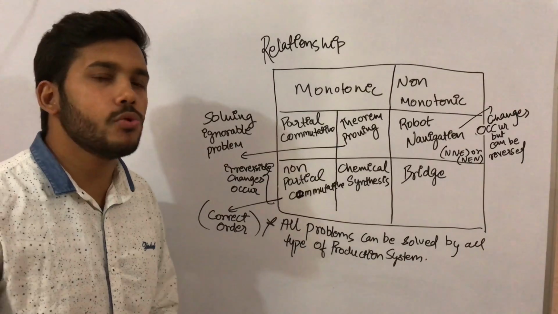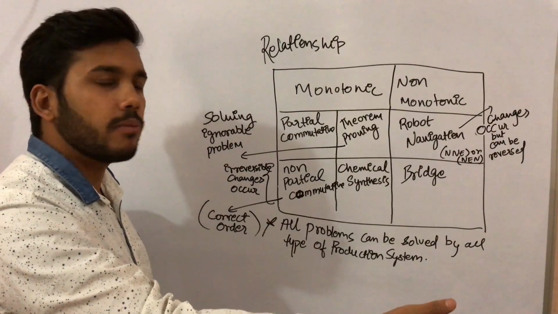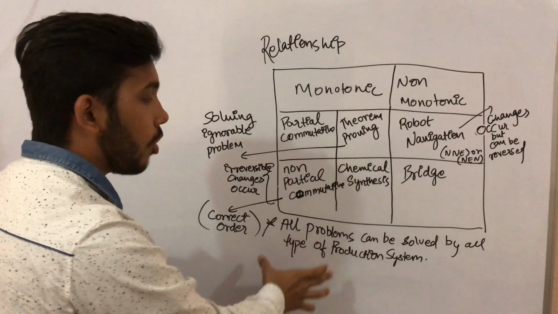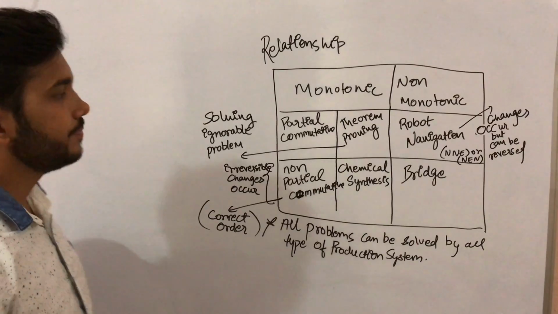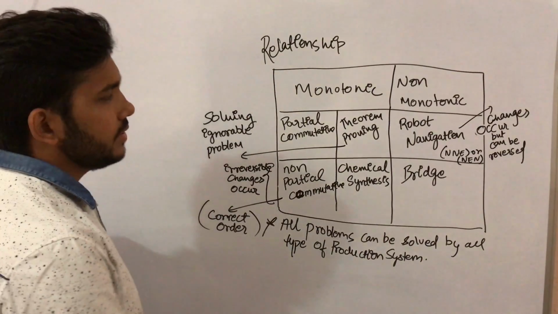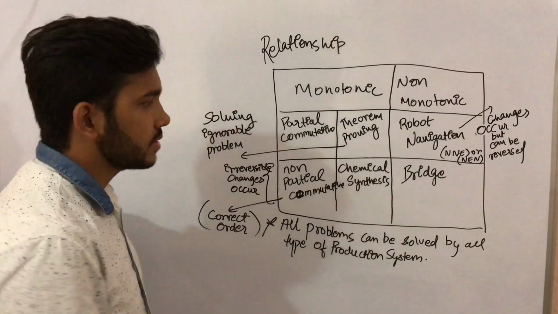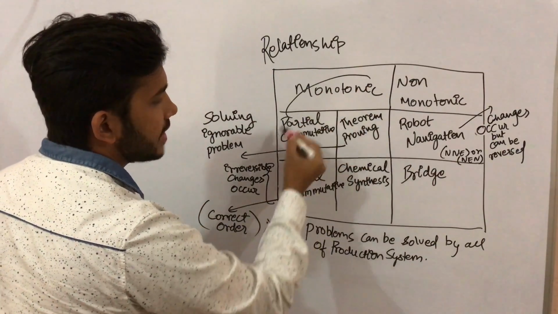Means there is no rule that you should use this production system for this type of problem. All problems can be solved by all types of production system. But yet there are a few categories into which problems can be divided.